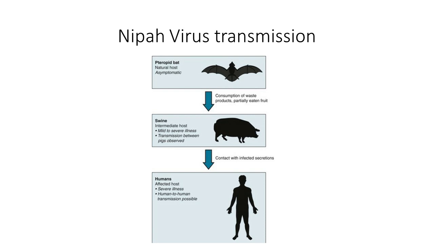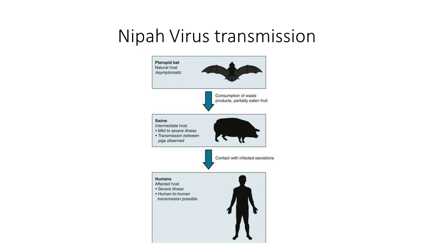In addition, it's also possible that the bat's waste can be consumed by the pig. When the pig has the virus, it might experience mild to severe illness, and transmission between pigs can also happen.